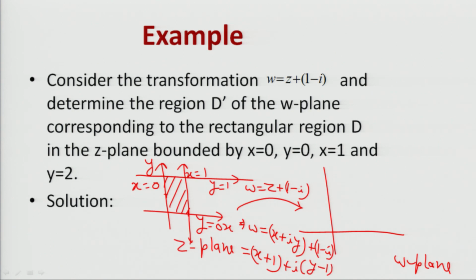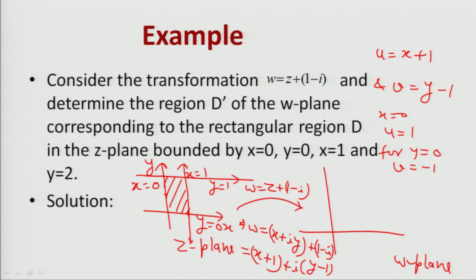Here u = x + 1 and v = y - 1. Then for the corresponding lines we will get the lines in the w plane. For x = 0 you get u = 1, for y = 0, v = -1, and similarly for x = 1, u will be 2, and for y = 2, v will be 1.